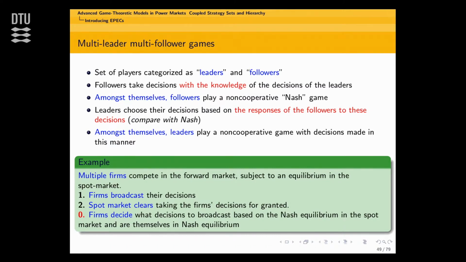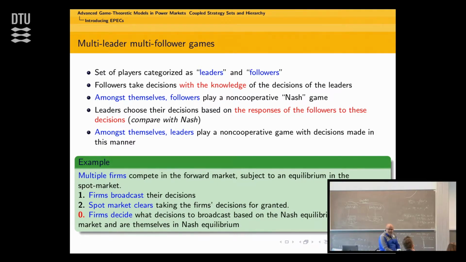Right, in pure Nash, the decision of its rivals shows up only in terms of modifying its own payoff function or its own cost function. If you generalize Nash, then it affects your strategy set. So you can view this as being an extreme form of generalized Nash, where the coupling constraint that you have is actually a set of equilibrium constraints. And I'll make that more precise as we proceed.